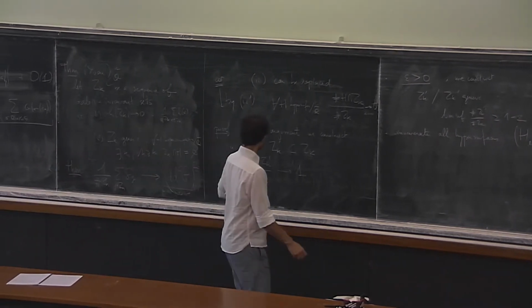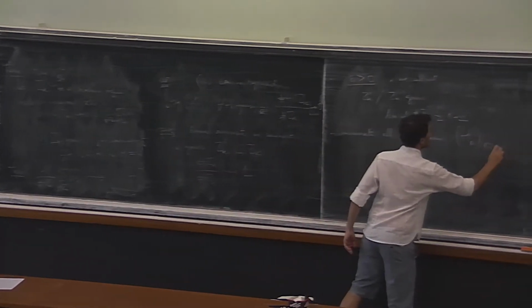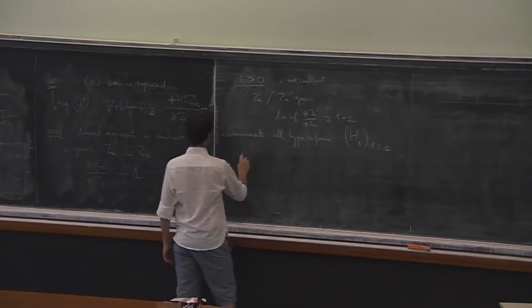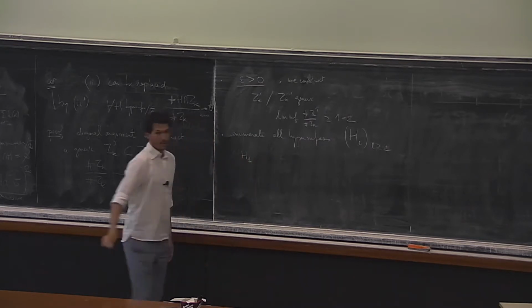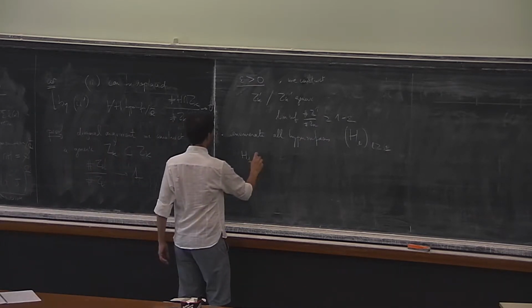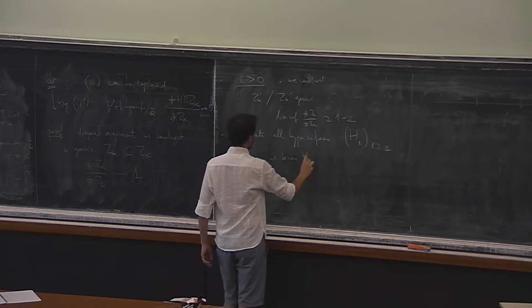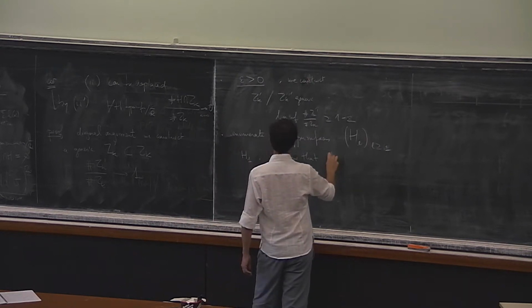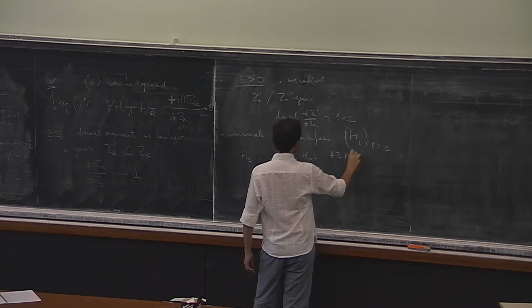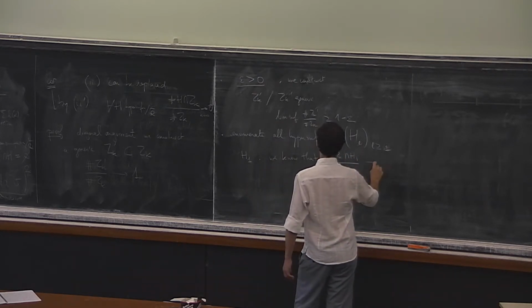I will start by studying H_1, so let's start at 1. What we know is that the cardinality of Zk intersected with H_1, over the cardinality of Zk, goes to 0.